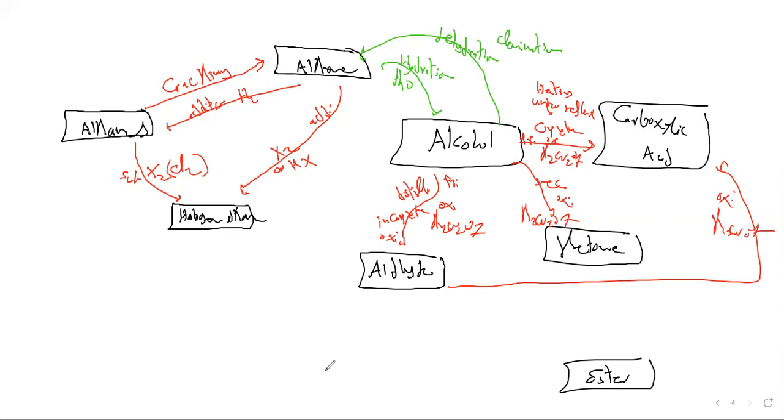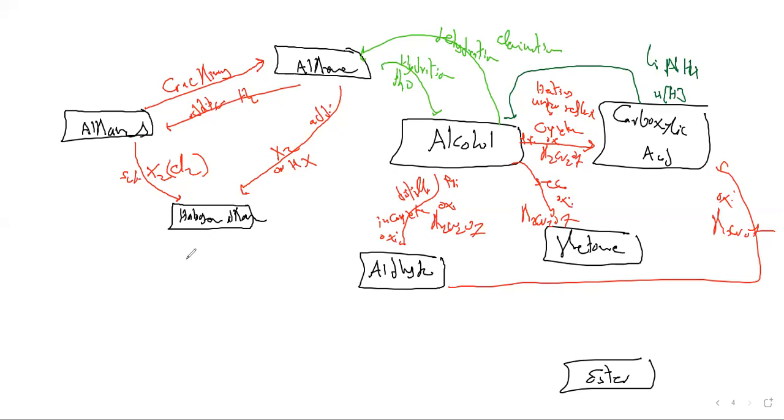And then carboxylic acid can be returned back to alcohols by reduction. This by oxidation and this by reduction. So the reduction of carboxylic acids by using LiAlH4, returning back.